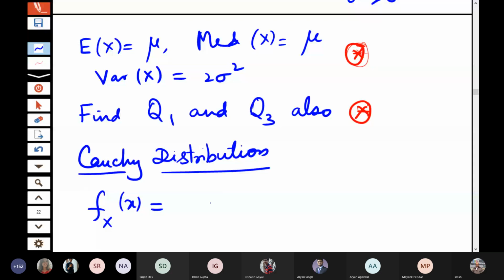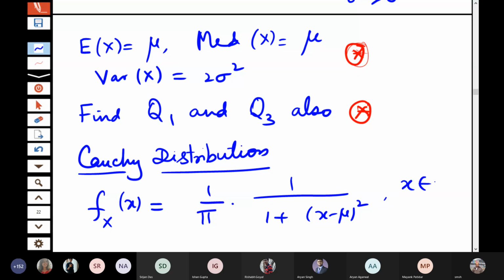But that form we can generalize a little bit, and we can write it as 1 by pi, 1 by 1 plus x minus mu square, where x is from minus infinity to infinity and mu is from minus infinity to infinity. There is another variation of it where sigma is also introduced, but let me not write it here.